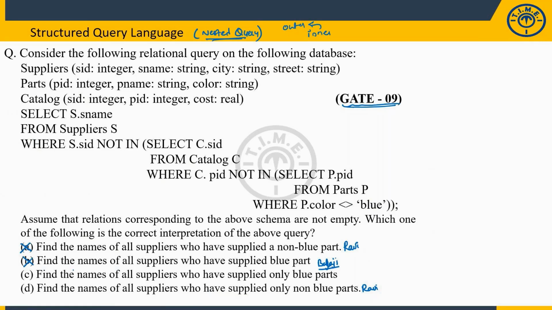Sir, you explained it. I think only blue parts will come, but I'm not sure. Anyhow, I will explain every question. So D is the correct answer.